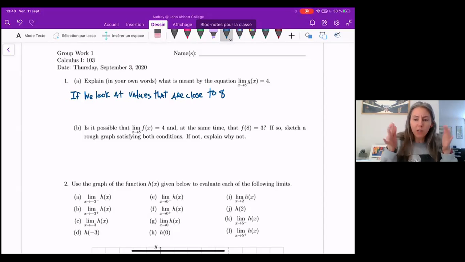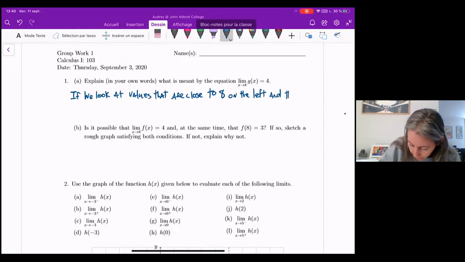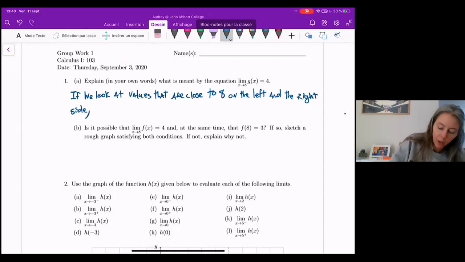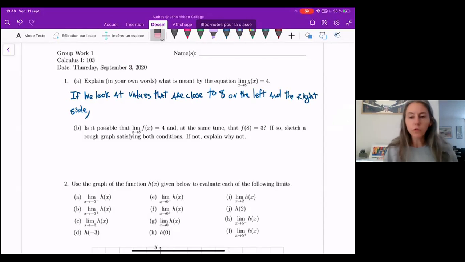So values that are really, really close to 8 on the left and the right side. If we look at those values, we can see that as we get closer to 8, the y values are getting closer and closer to 4.